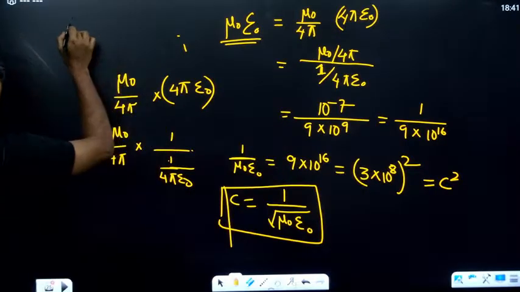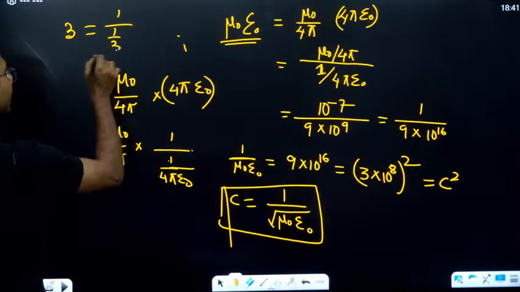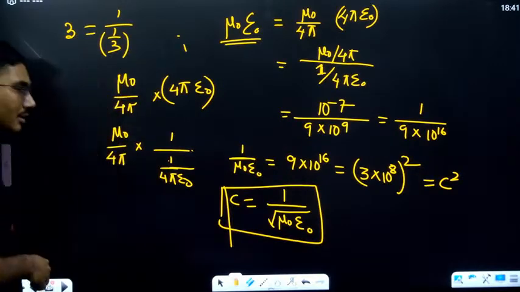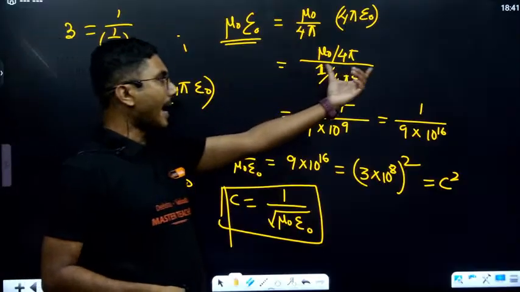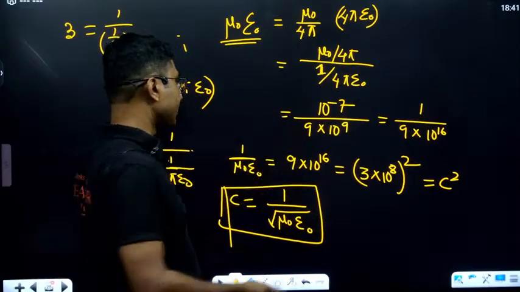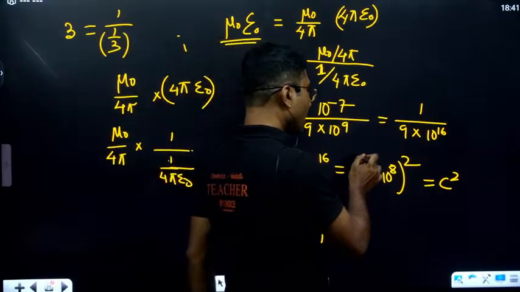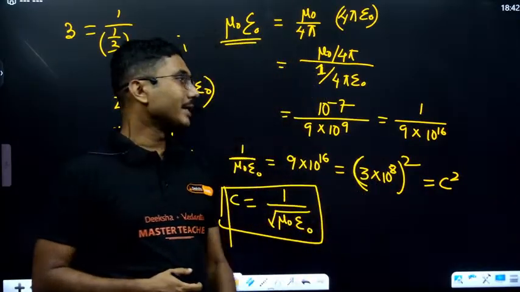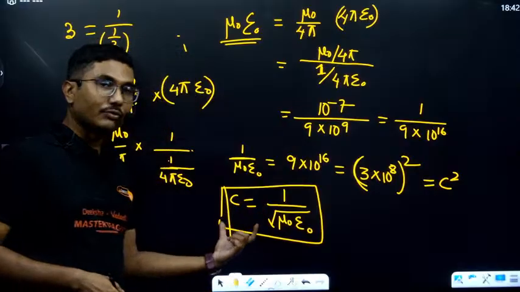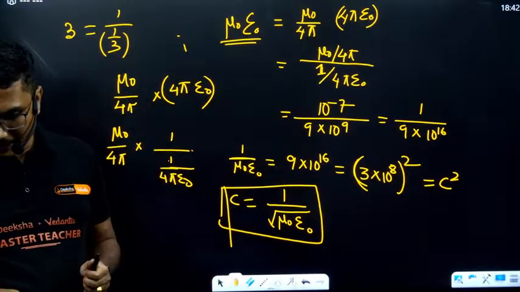So I can say, if I have a number 3, I can write it as 1 by 1 by 3, same meaning. That's what we have done, and after that we put the values and took a reciprocal on both sides, and from there we got a value very close to the speed of light, and from there we actually calculate the speed of light. Shardamma, I hope that is clear.